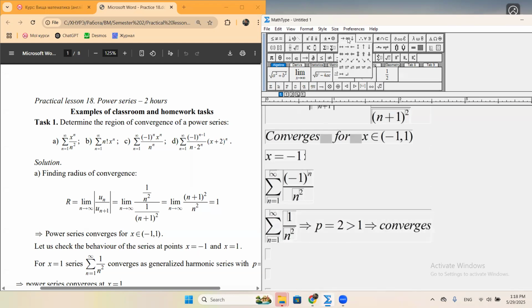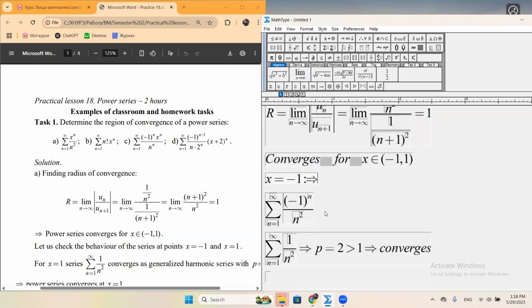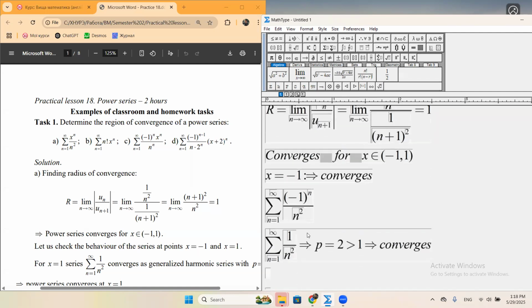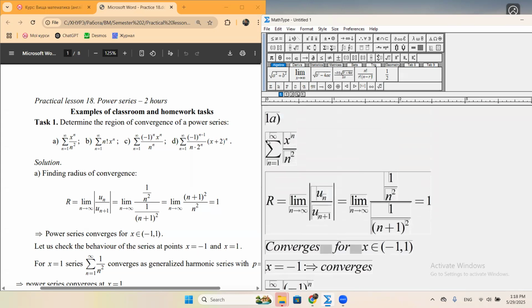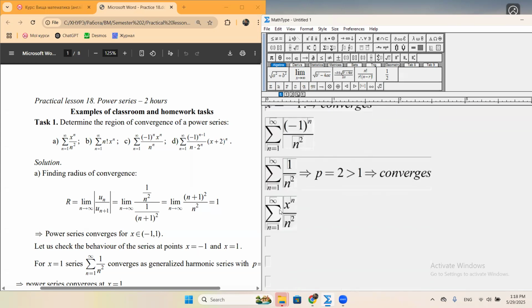And then the initial power series converges for x equals -1. And what about x equals 1? Let's substitute x equals 1. So we have the following harmonic series.